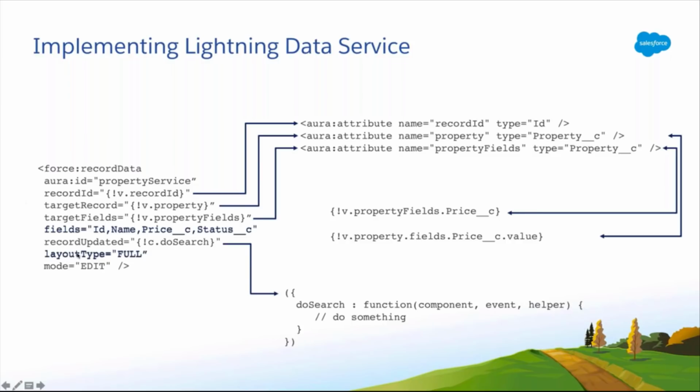We can either ask for layout type full, which means that we are going to get all of the record, all the fields that are on the full layout, or the alternative is layout type equals compact, and that gives us the fields available on the compact layout. Or additionally, I should say, we can then choose to edit those through the mode equals edit attribute.